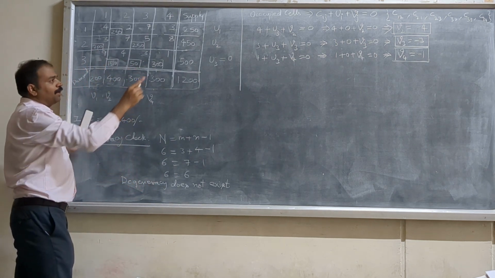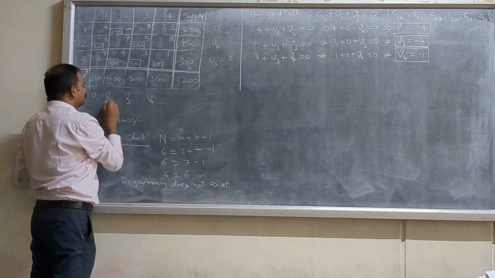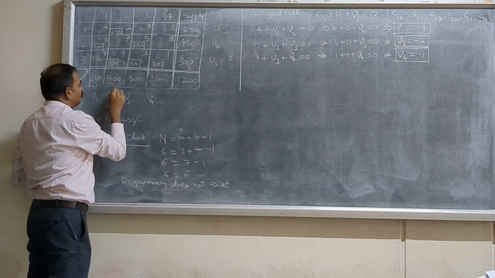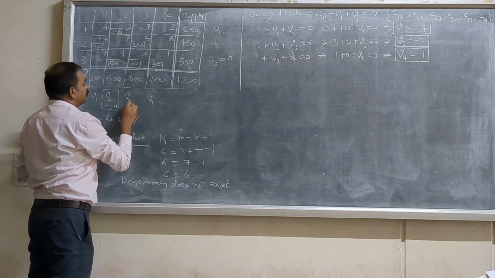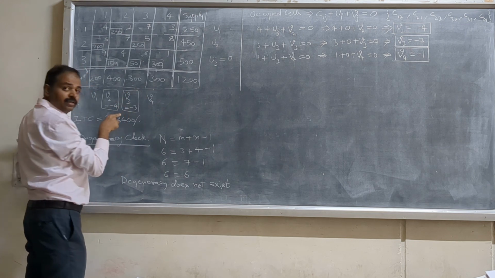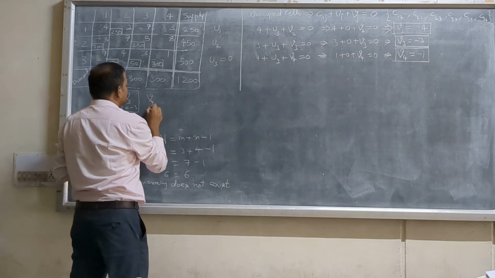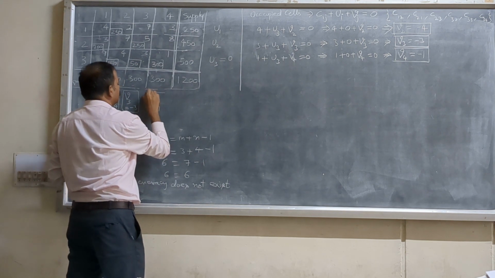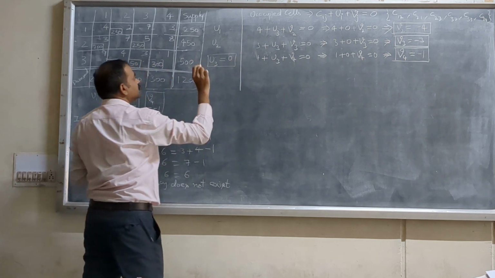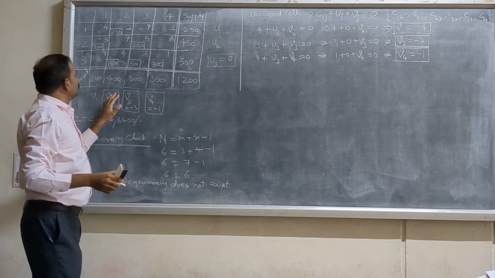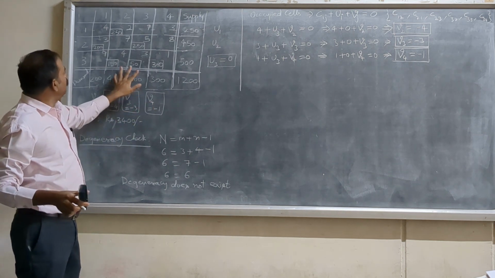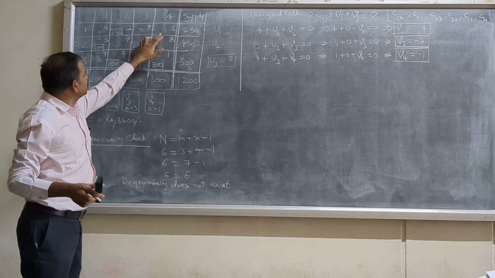So we'll just write those values. V2 is equal to minus 4, V3 is minus 3, and V4 is equal to minus 1. Since I know the values of V2, V3, V4, I can find the values of these cells.